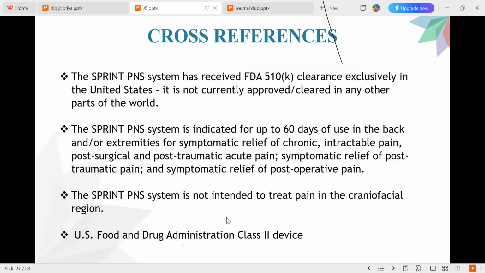This system is indicated for use of up to 60 days in the back or extremities for symptomatic relief of chronic pain, post-surgical and post-traumatic acute pain, and symptomatic relief of post-traumatic pain. The Sprint PNS system is not intended to treat pain in the craniofacial region, and US FDA Class 2 device approval is obtained.